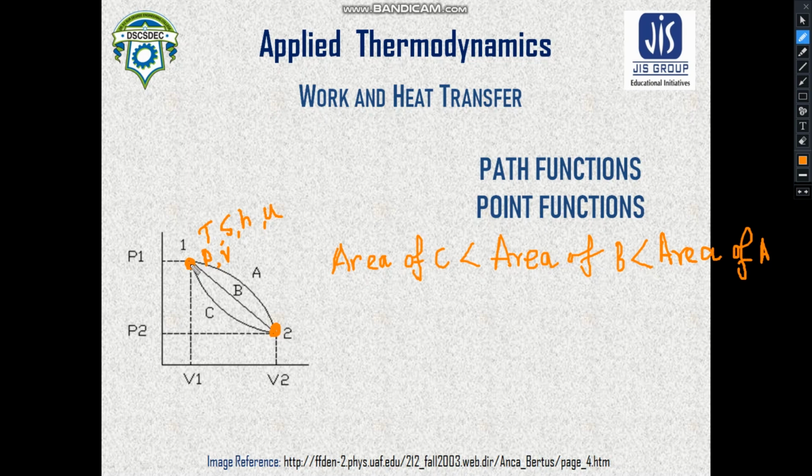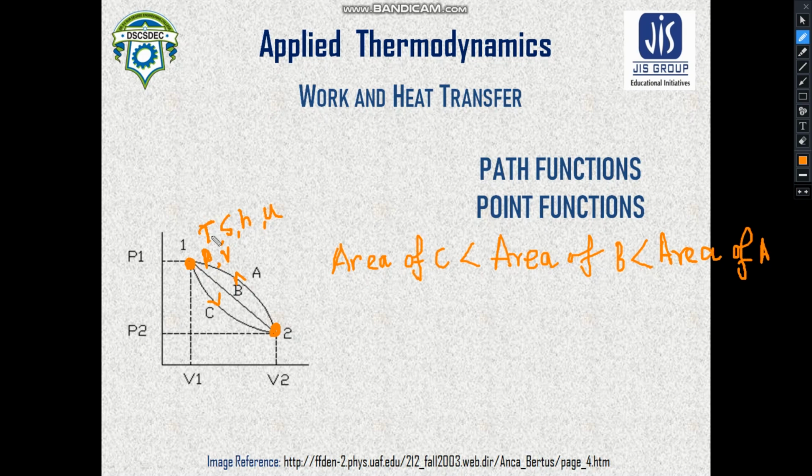Now consider a cyclic process, like suppose we consider a process like this. From state 1 to 2 and 2 to 1, so 1 to 1 constitutes a thermodynamic cycle. You can easily say that for the thermodynamic properties, the state values, the cyclic integral will be 0.